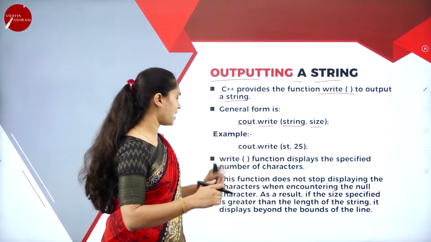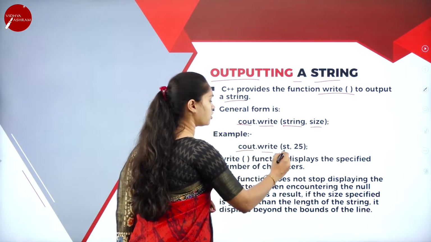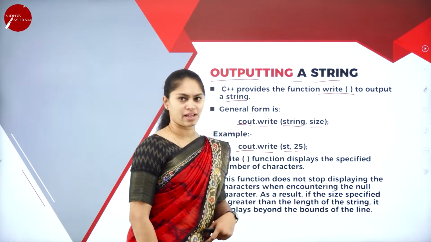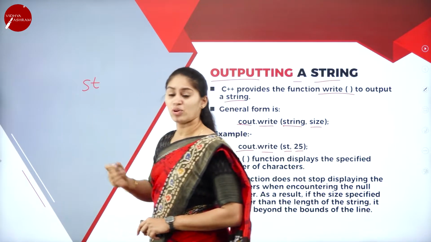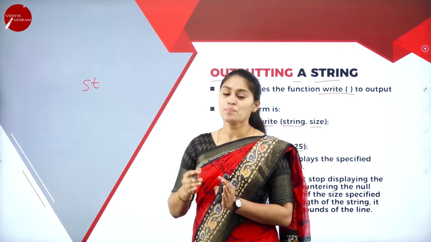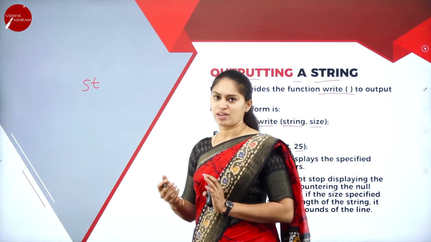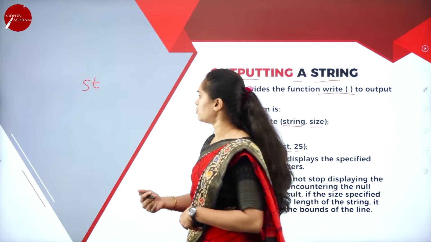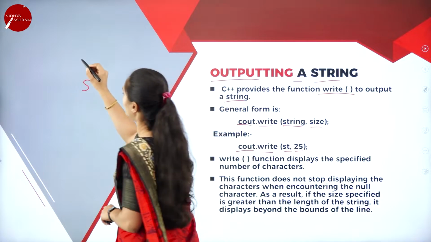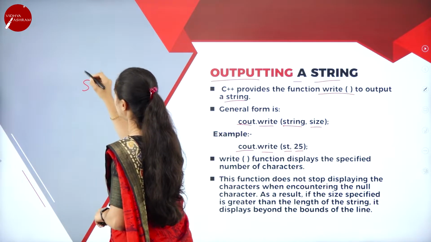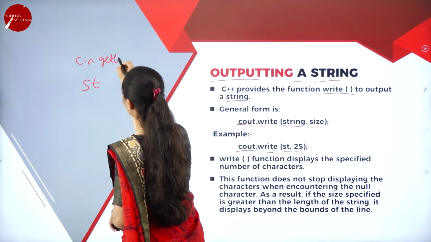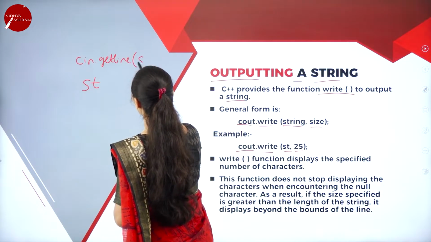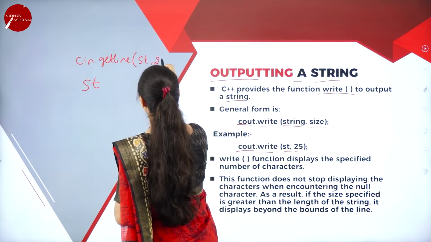Here you can see the example: cout dot write of st comma 25. That means whatever value is in st will be displayed up to 25 characters. Let me take one more example to make you understand. First, cin dot getline of st comma 20.